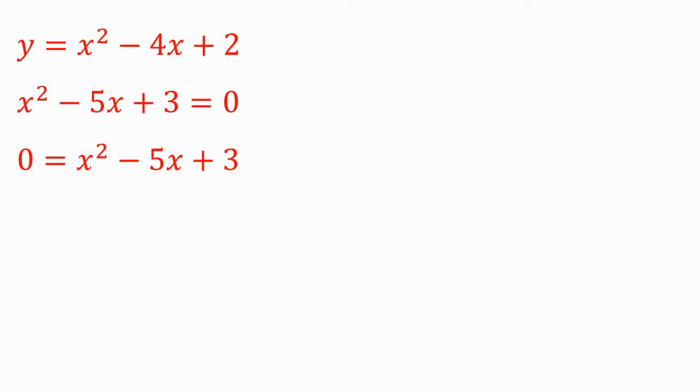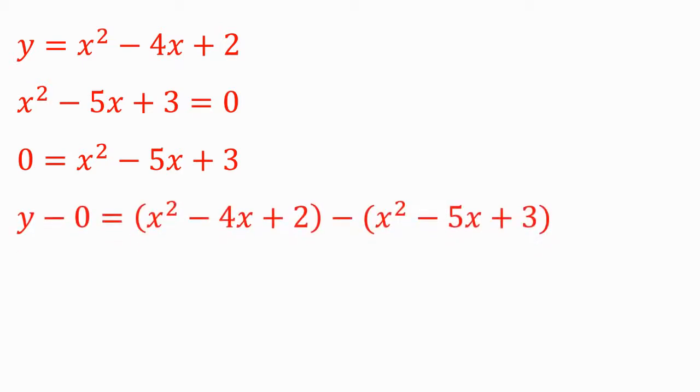Then we find the line graph, and we shall do that by subtracting the left hand side of the equation and the right hand side of the equation. So y - 0 = x² - 4x + 2 minus (x² - 5x + 3). And therefore, y = x² - x² is 0, -4x + 5x, hence x, and 2 - 3 is -1.